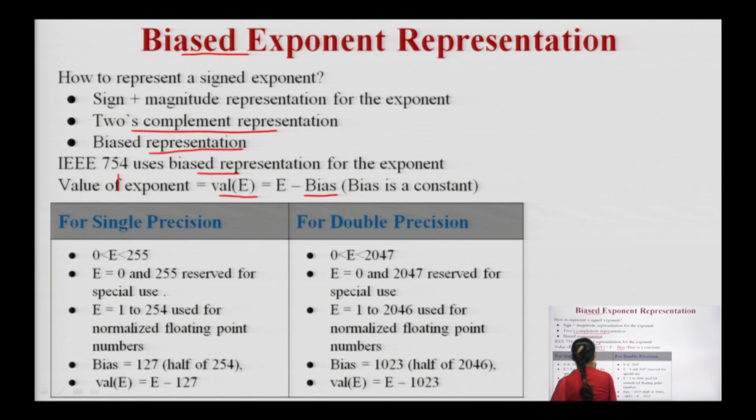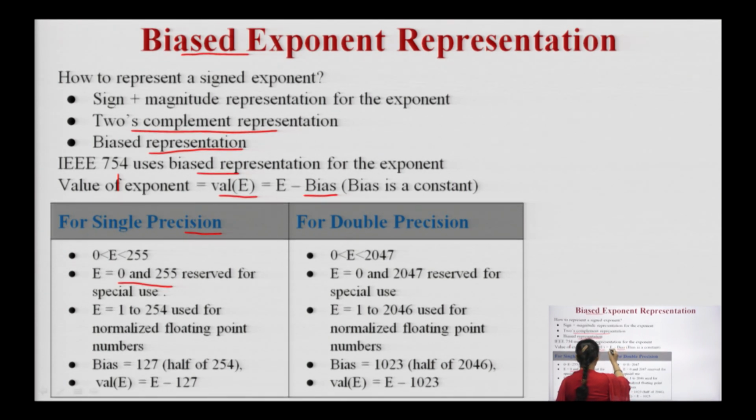When I am dealing with a single precision number, then the value of E will range from 0 to 255. Why? Because my exponent is reserved 8 bits. From 8 bits I am getting 0 to 255, in which the value of E will be from 1 to 254, because 0 and 255 are reserved for special purposes. So, the bias will be half of 254, that is 127.